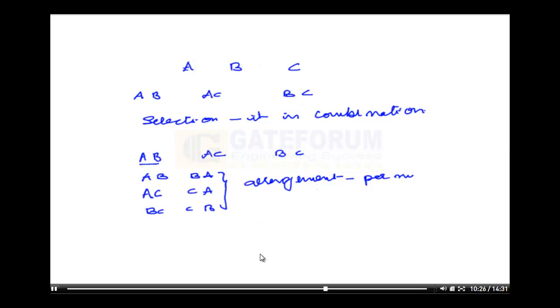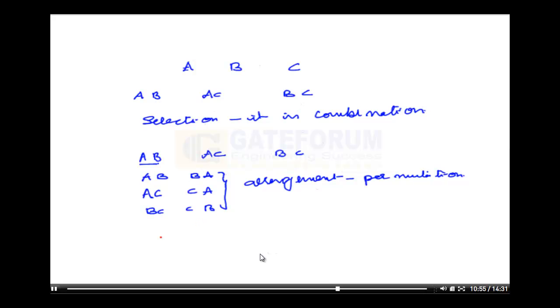We say it is permutation, means we take the order into consideration. Now I take a small example to distinguish these two words, because most students find difficulty in applying combination and permutation to a question.